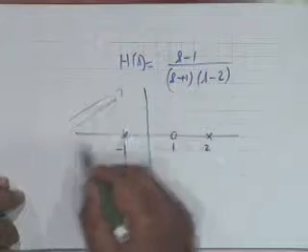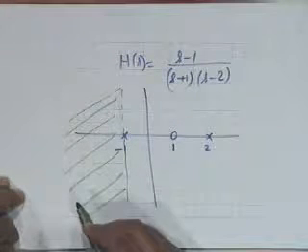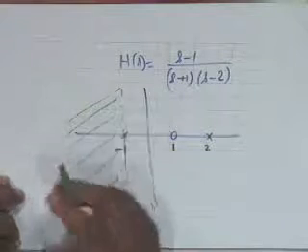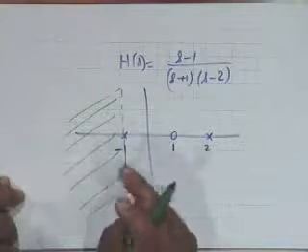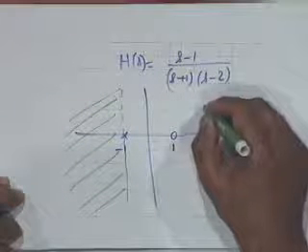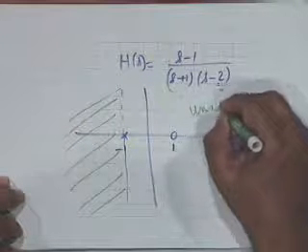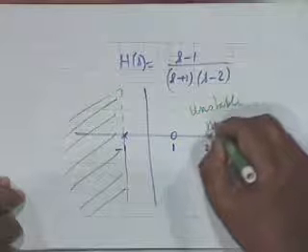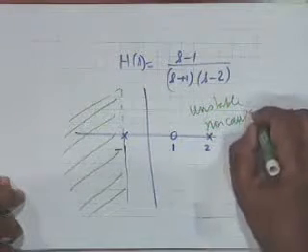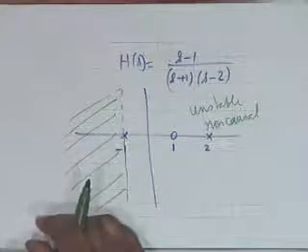Then obviously the ROC would be this, left of the leftmost pole. Obviously it is a left-sided sequence, and you can show that it is not stable because it doesn't include the j omega axis. So unstable and non-causal.